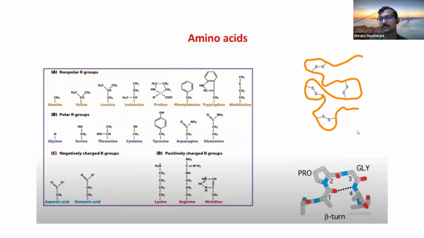And also, often there are disulfide bonds, right? The disulfide bonds which are formed between the sulfhydryl groups of cysteine residues. So this can be intra-chain, this can be inter-chain. For example, in many cases, inter-chain disulfide bonds can also be formed, especially during formation of quaternary structures or higher self-assemblies.